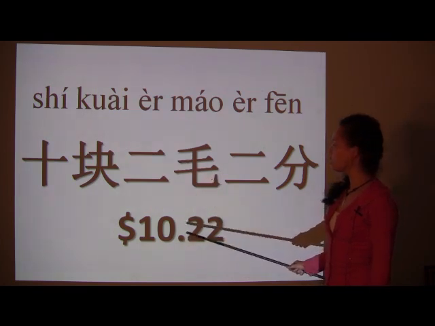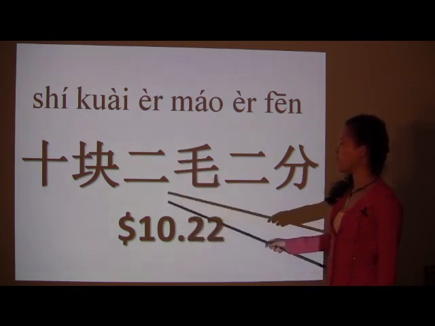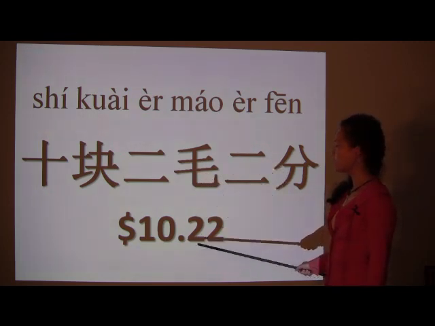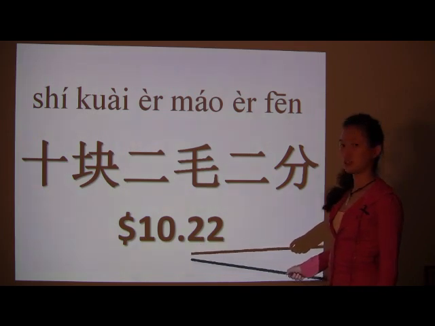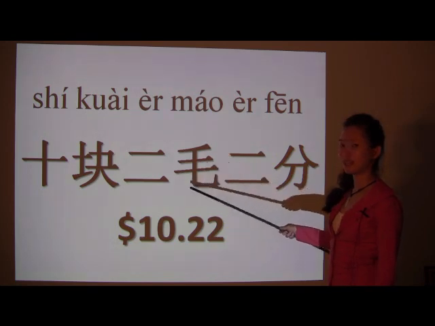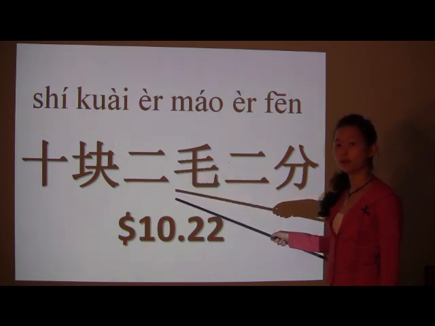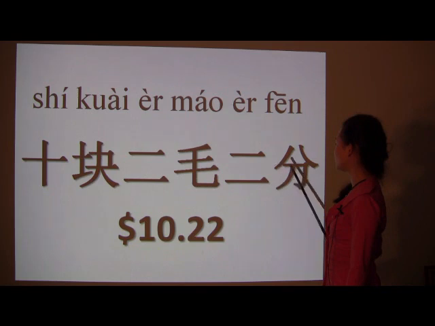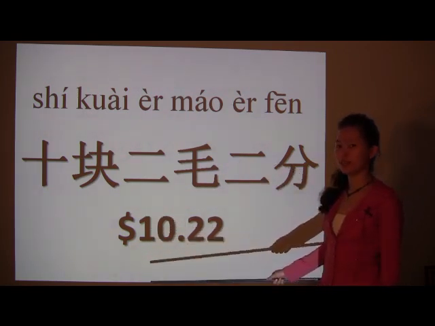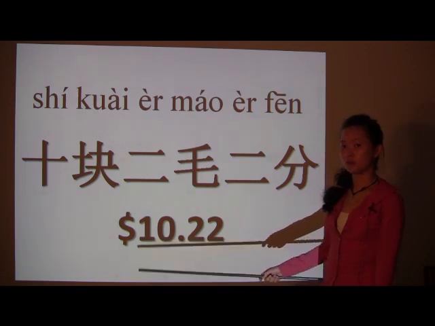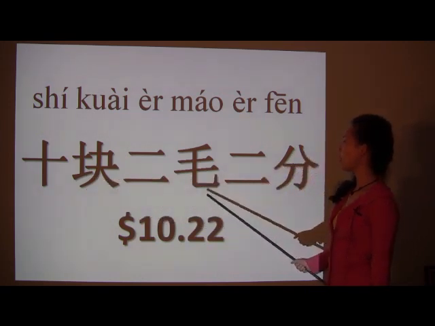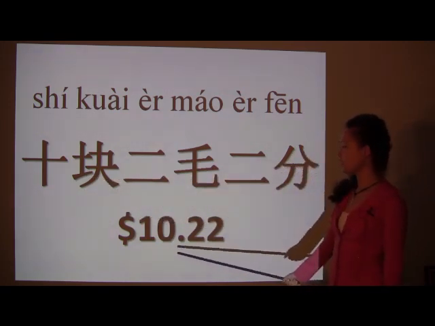So for 22 cents, you would say 二毛二分. That's because 20 divided by 10 gives you twice. So you have 2 of these 10 cents in there, and what you have left over is 2 cents. And you don't need to use 两 because that is only for the dollar. When you put it all together, what you say is 10块2毛2分 for $10.22.